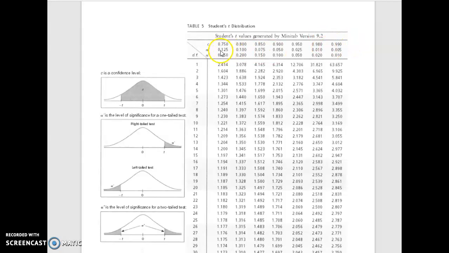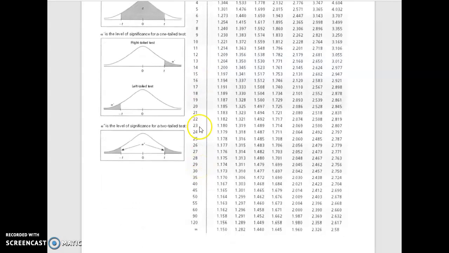Now you are limited on this table to just these confidence levels. For degrees of freedom, you're going to take your sample size minus 1. Now if you look here, it has all the numbers, but as you go down, once you hit 30, they start to jump, because as your sample size grows, the critical values change only very slightly far out in the decimal places, so it doesn't matter as much.